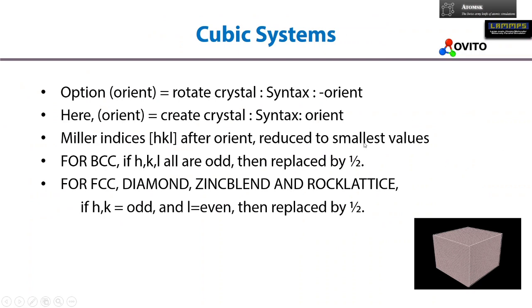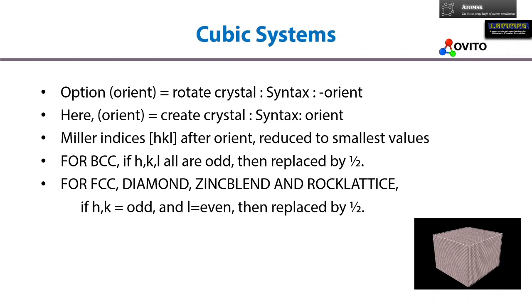So how do we use all this in creating our systems? In the case of cubic systems you will see that an orient keyword is used, and you must remember that this orient is not to be mixed with the option orient. The option orient means to rotate the crystal, whereas in this case orient is used to define the crystallographic planes of the crystal.